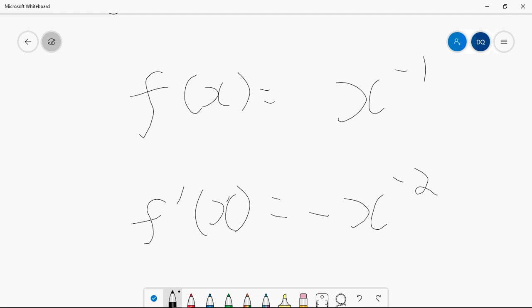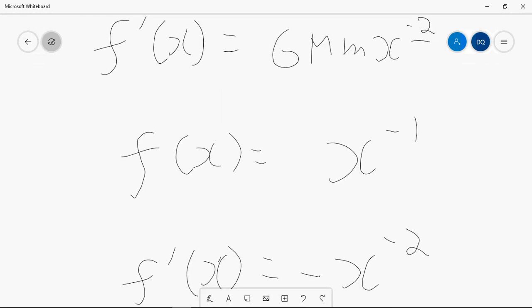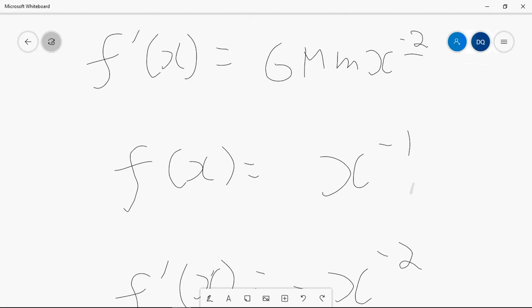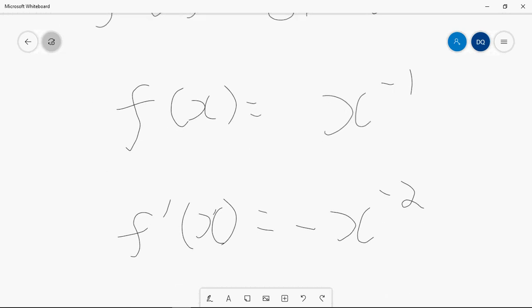So look at that. We're pretty close here. If you take x to the negative 1, its derivative is negative x to the negative 2. So if you want the derivative to be a positive x to the negative 2, all you got to do is make that original function a negative. Now, when you bring that negative 1 down, that becomes a positive.